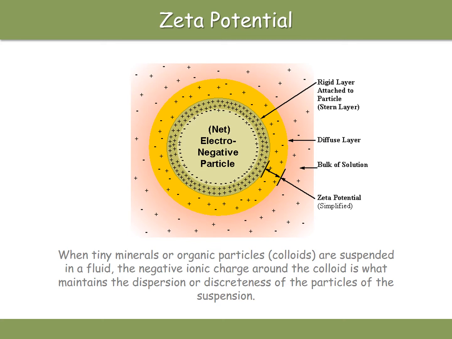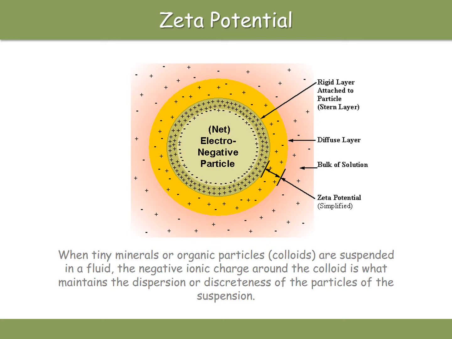Basically, a particle in a solution tends to form a negative outer layer, called the diffuse layer. You can see this here. What that does is create a slight negative charge, and when another negative charge comes up against it, it repels.